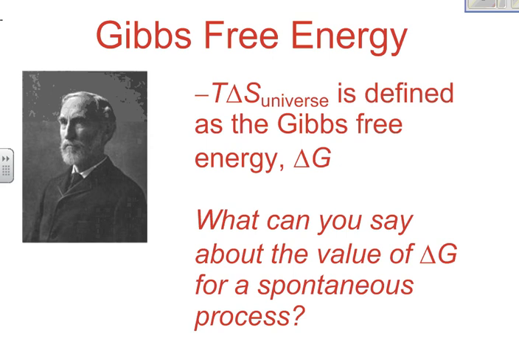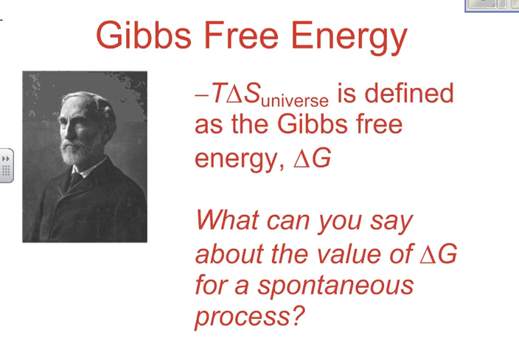One of the things that we'd want to look at then is, what can you say about the value of delta G for a spontaneous process? Well, remember, Gibbs free energy is equal to negative T times delta S of the universe. For that to be spontaneous, that value has to be positive.